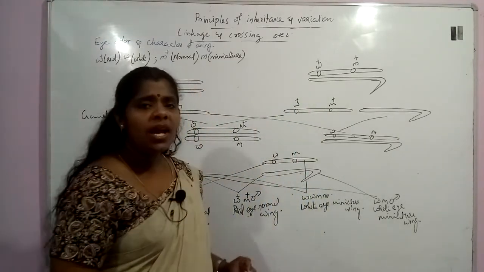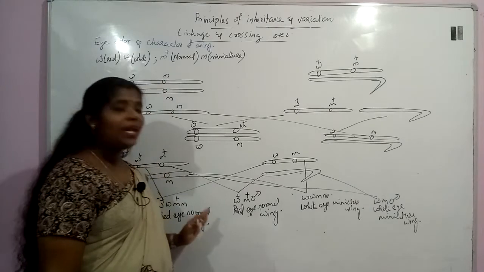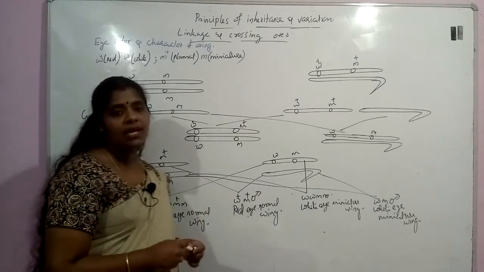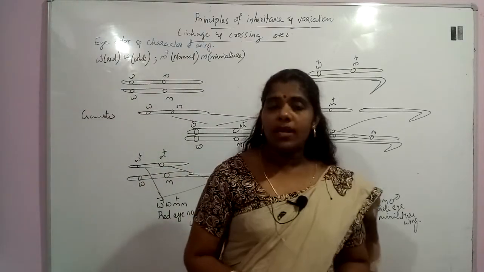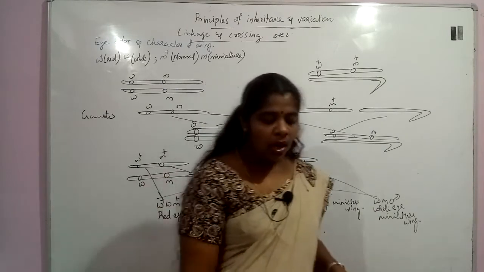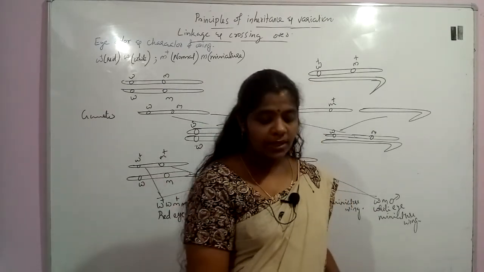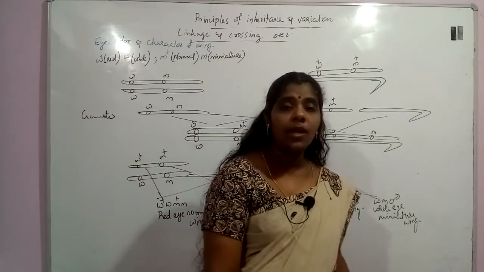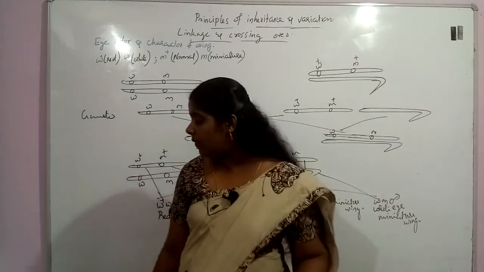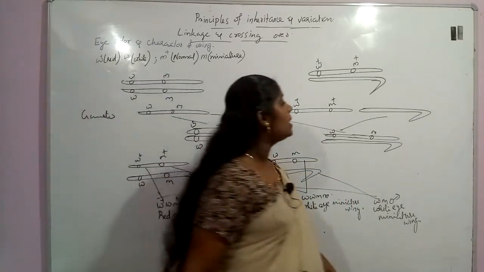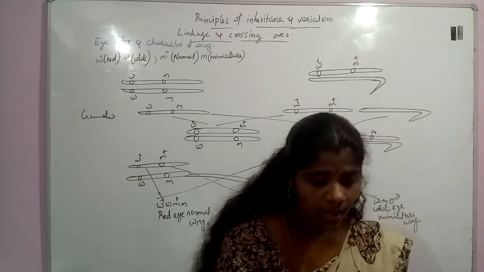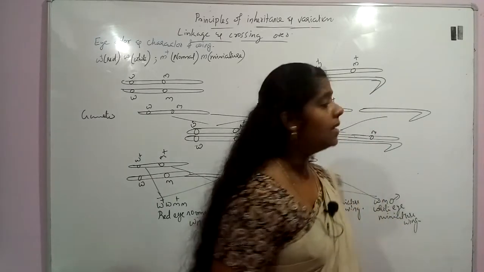So we get only red eye normal wing and white eye miniature wing, only these combinations. So when he did the experiment practically, experimentally, what result did he get? He got 37.2% recombinants. According to Mendelian genetics, how would we get recombinants in the second generation?